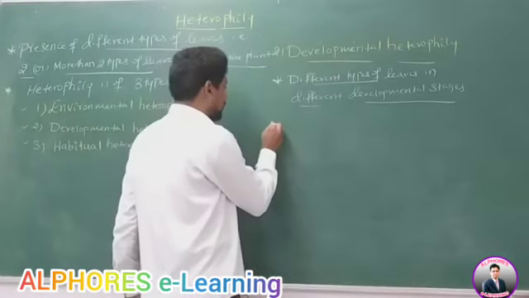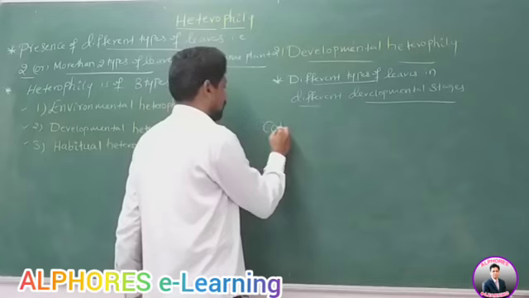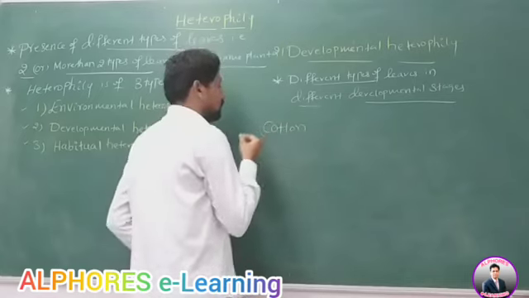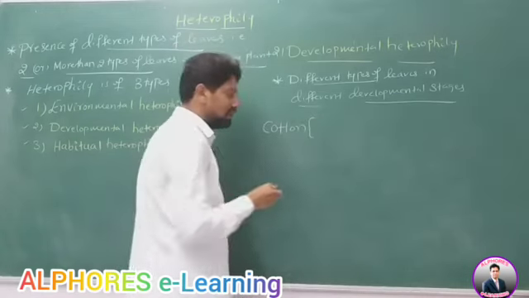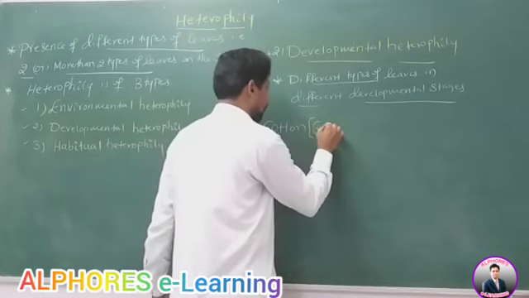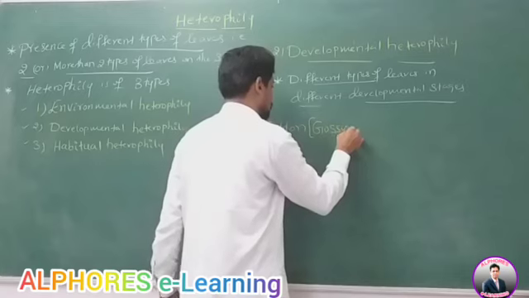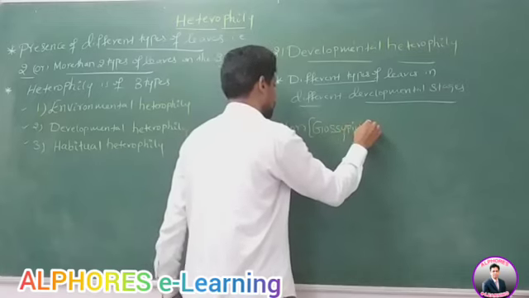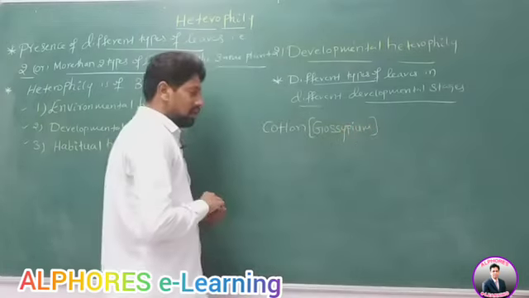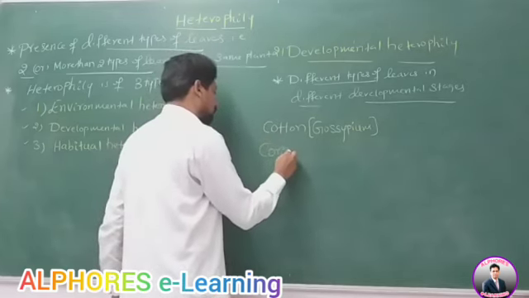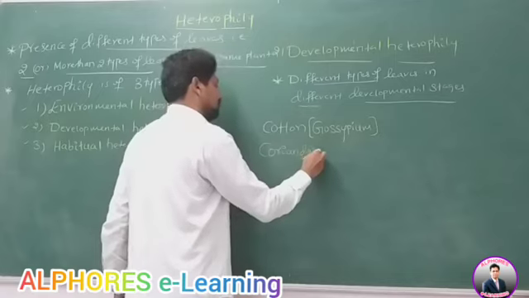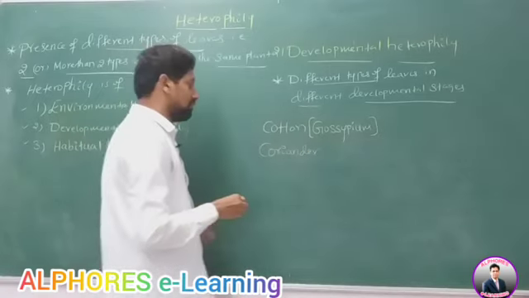For example, take cotton. The genus word of cotton is Gossypium. Second one, coriander.